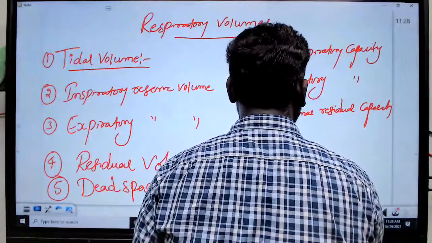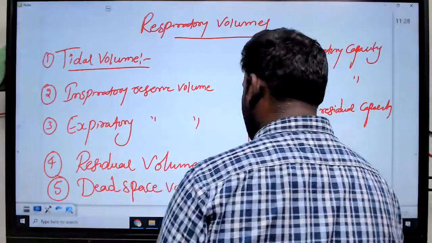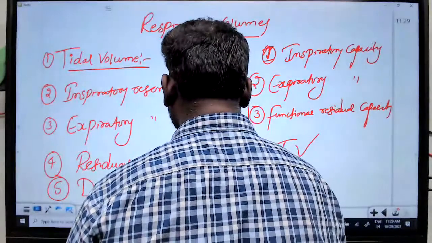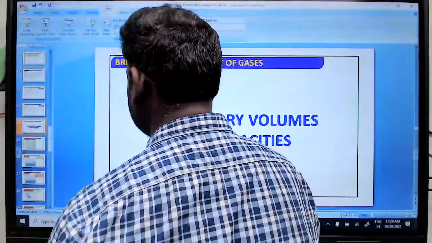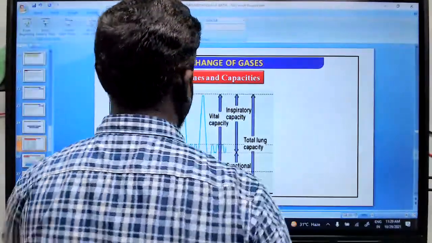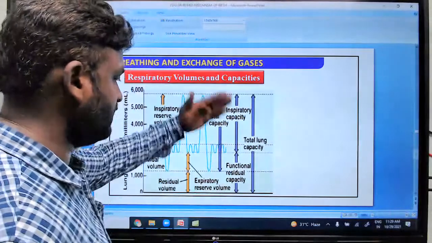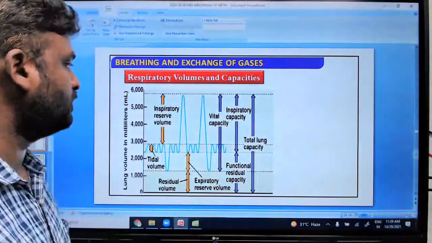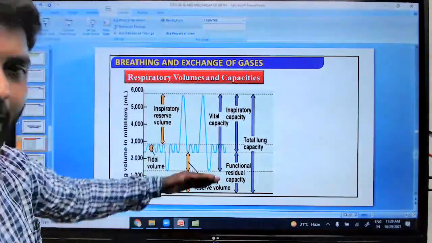Even tidal volume as we have here, I will show you that. Here I can see that these are the different capacities we have, and the different volumes we have.